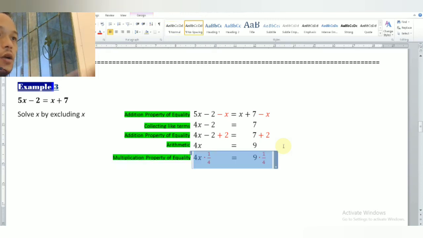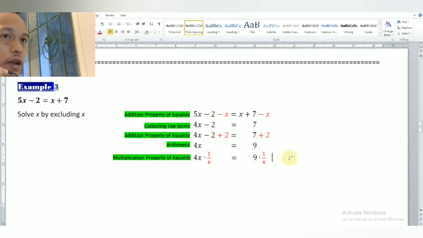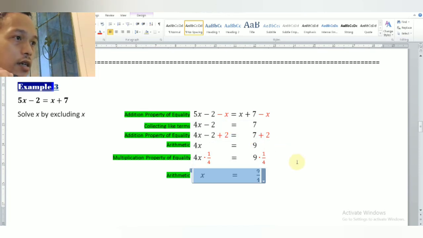When I multiply the left member by 1/4, the objective is to get rid of 4 here. I have to do the same on the right member, right? So in the end, by doing arithmetic, x will be equal to 9/4.